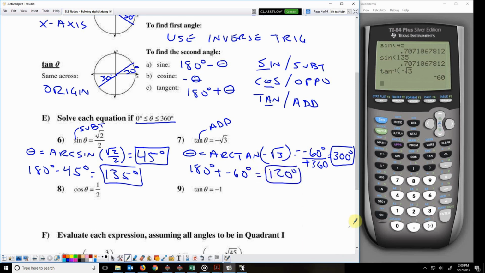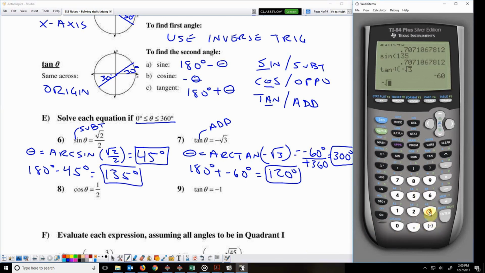That's my second angle. So the opposite of the square root of 3 is that decimal, negative 1.732. Tangent 300, same decimal. Tangent 120, same decimal. That means my answers are correct.